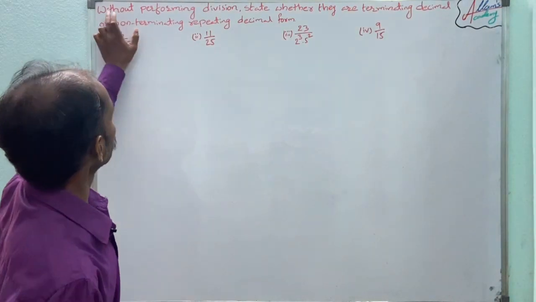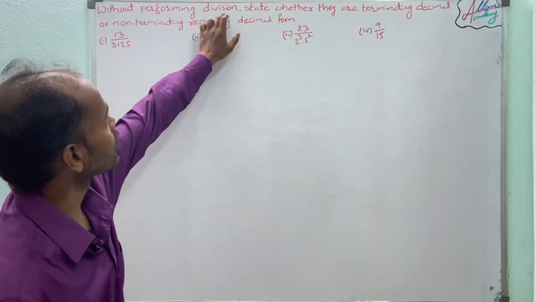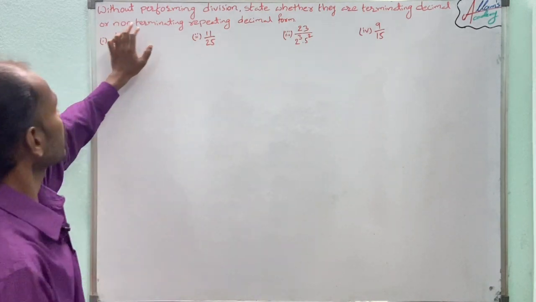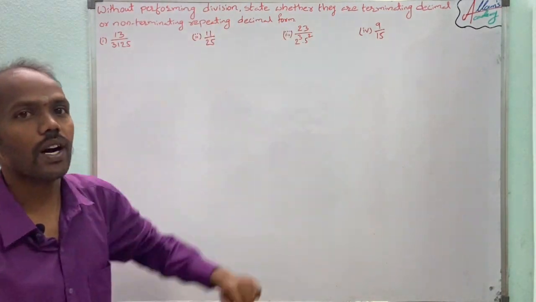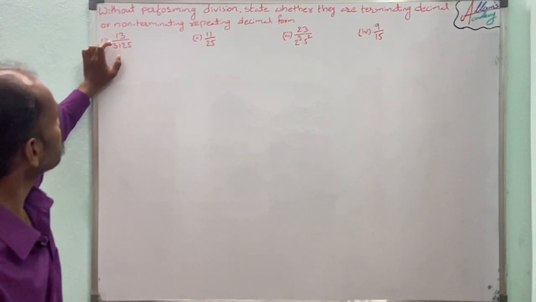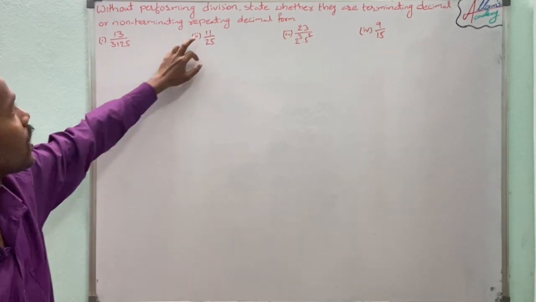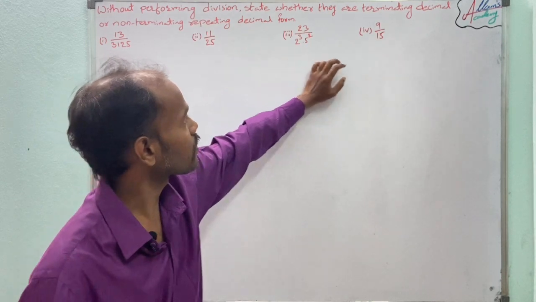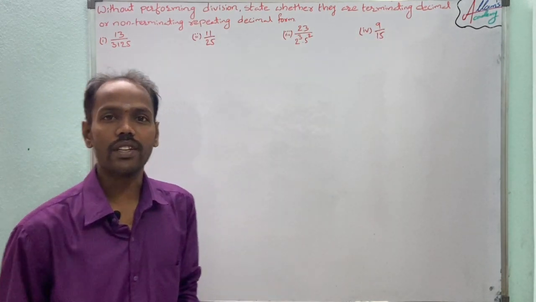Here is the problem: without performing division, state whether they are terminating decimals or non-terminating repeating decimals. So 13 by 3125, 11 by 25, 23 by 2 cube into 5 square, 9 by 15.